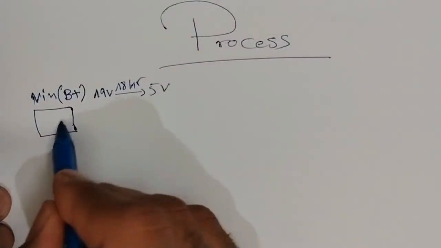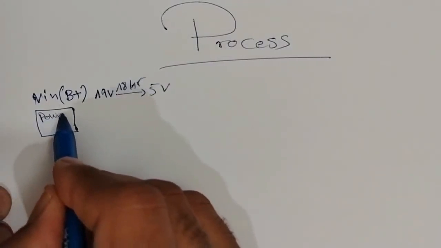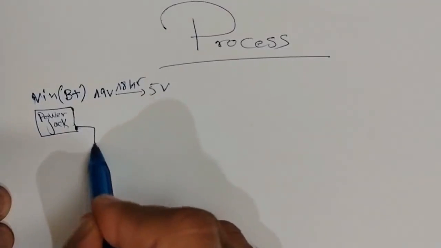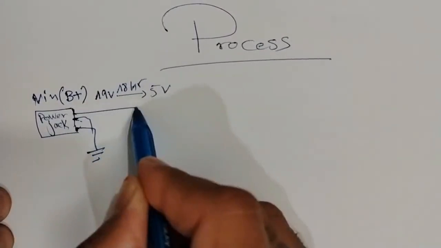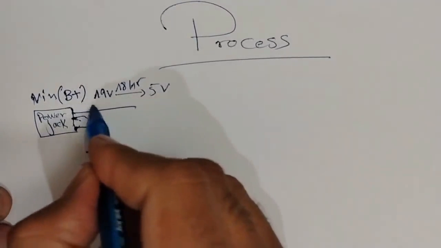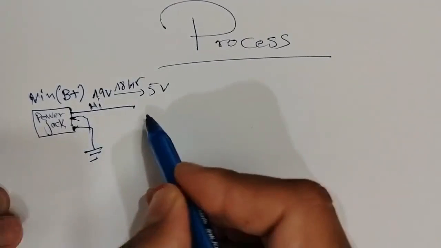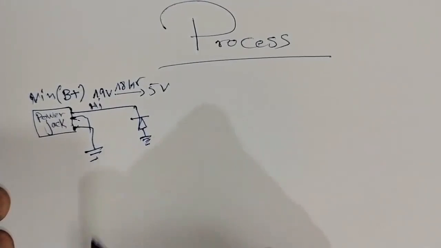Okay, this power jack, let's see, here we have the power jack connected to the ground, of course. And here we have the high pin. This one will be connected first to a diode. This is for protection.